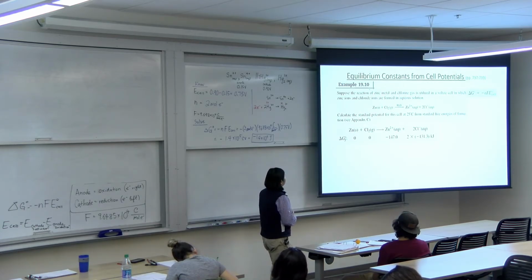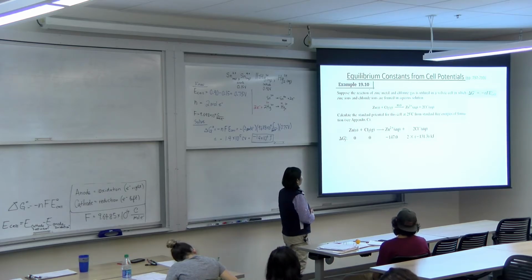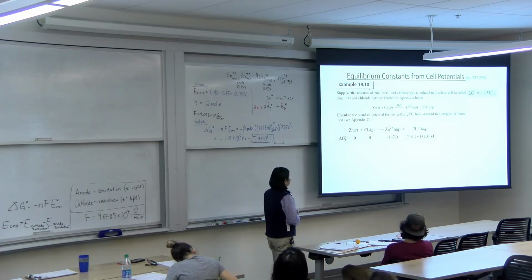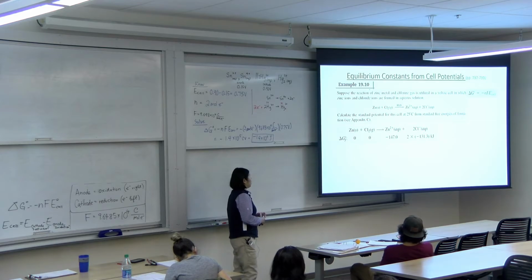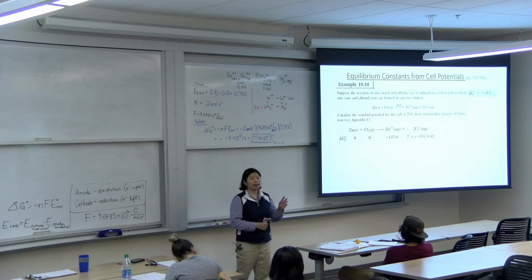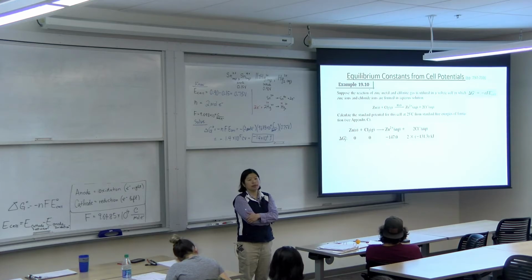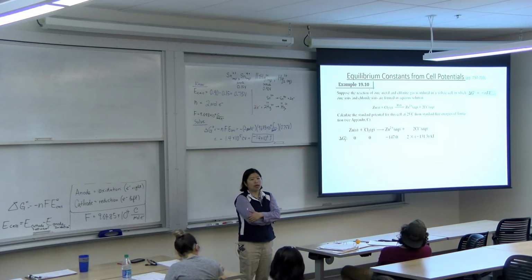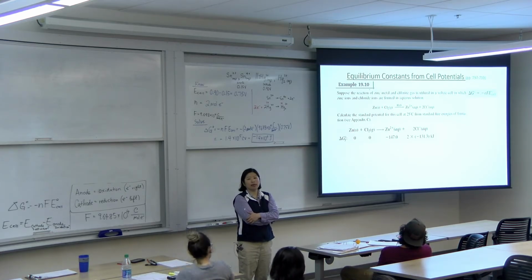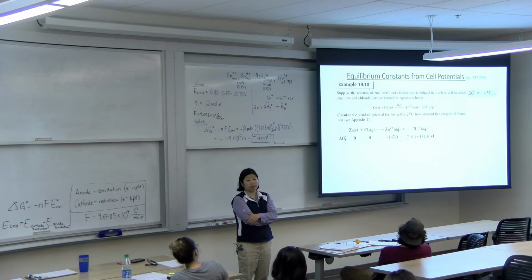They say calculate the standard potential for this cell at 25 degrees from the standard free energies of formation. So in this problem, are they asking you to calculate delta G? Initially, but ultimately, what are they asking you to calculate? Standard potential, or E cell. They want you to calculate E cell.